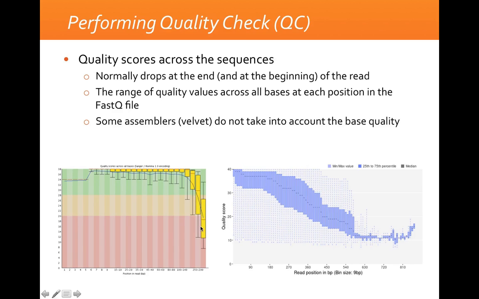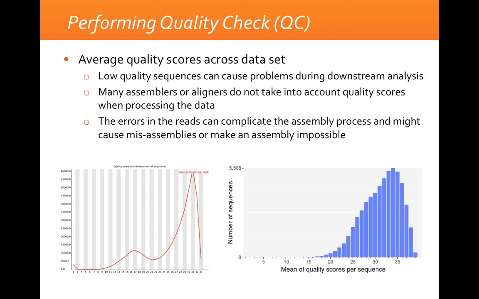This is quite a normal phenomenon, and now we're looking at the forward read of a paired end sequence library that's been sequenced. The reverse will actually have an even more dramatic drop in the quality of the read towards the end.